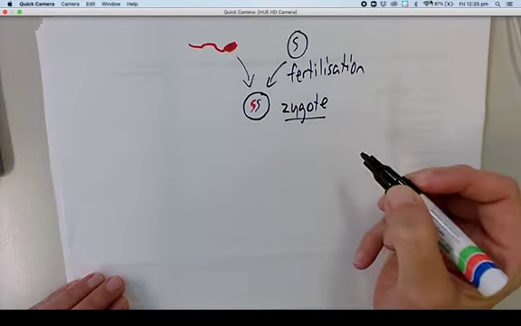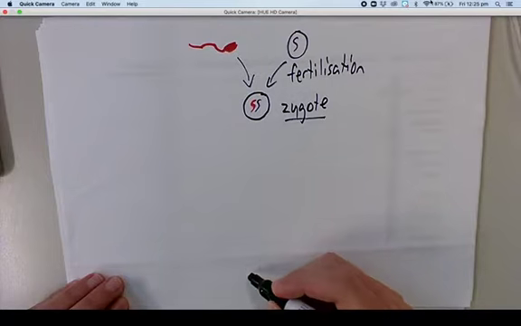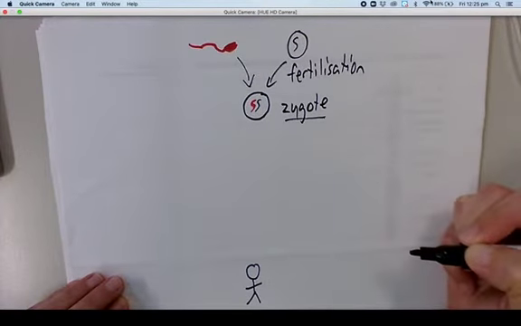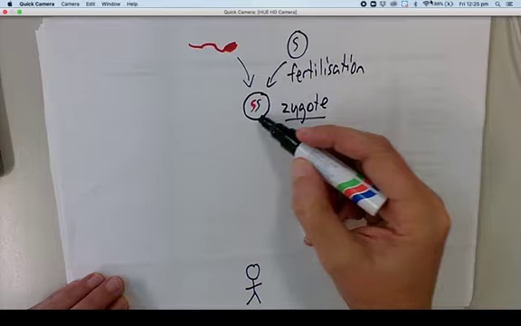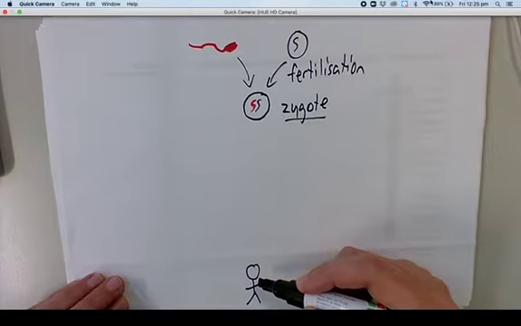Now, how do we get from this zygote to an organism as complex as you are? And obviously, there's a lot in between this and this.